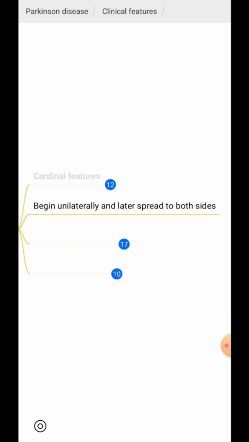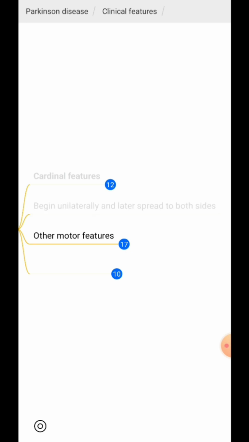Next, we should know that the clinical features of Parkinson disease begin unilaterally initially and later spread to both sides. And there are other motor features as well.